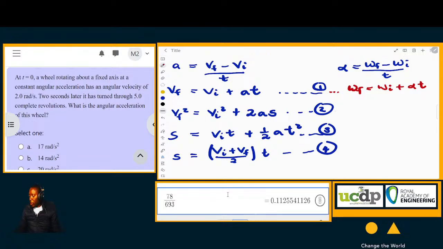That's the equation for final angular velocity. Omega final squared is equal to omega initial squared plus 2 alpha theta. So now already you can see our displacement is an angular displacement, which is theta. Remember, theta is just the angle covered, such that omega is d theta dt, just like your velocity is ds dt, right?